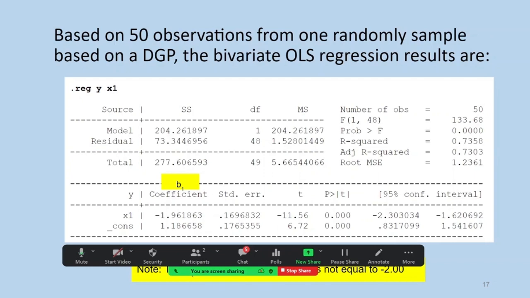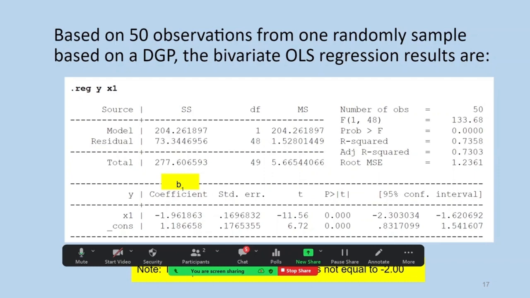But you do see certain things here, right? You see the R square, meaning 74% of the variance in Y is explained by X1. When we adjust for that, n minus 1, 73%, same thing. Okay, don't worry about the root mean square error.